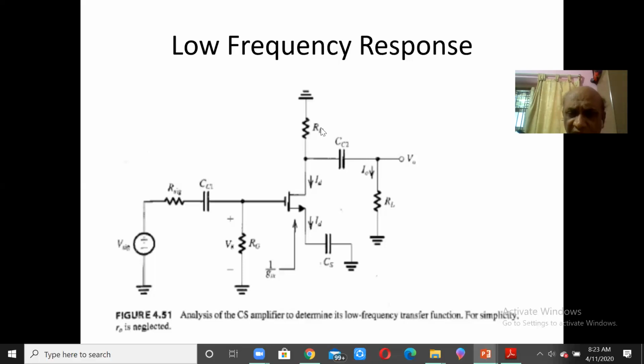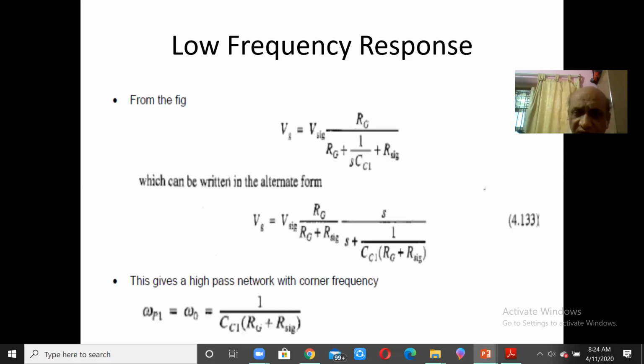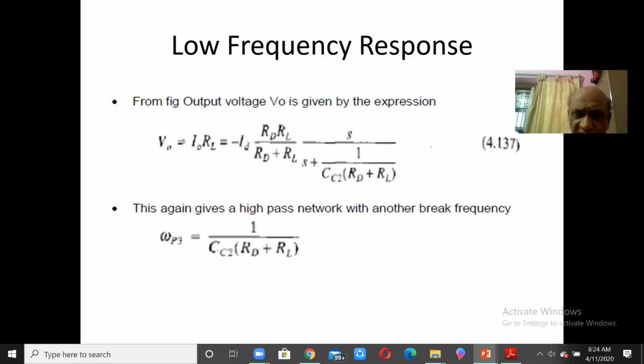The two arms are RD plus 1 by SC2 plus RL.